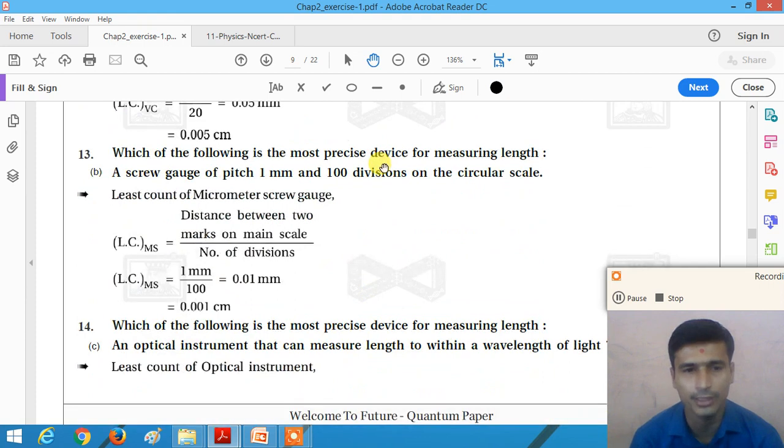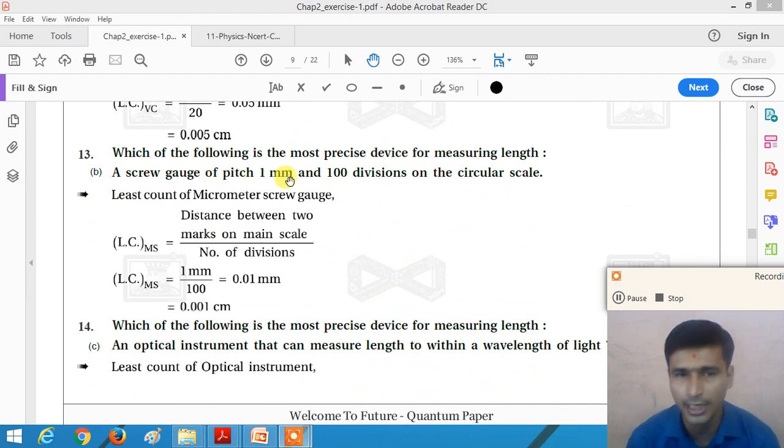Now second one is a screw gauge of pitch 1 mm, that is the distance between two main scale divisions, and 100 divisions on a circular scale. So the least count of the micrometer screw gauge is the main scale reading 1 mm divided by number of divisions 100.